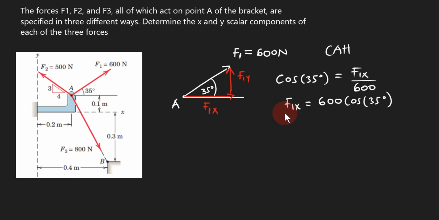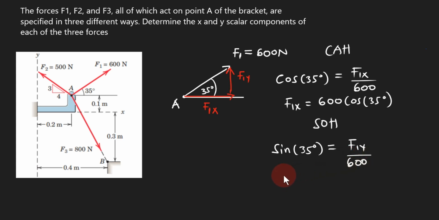Let's do the same for F1y. I'll take the sine of the angle. Sine goes with opposite over hypotenuse. So the sine of the 35 degrees angle should be equal to the opposite side, which is F1y, divided by the hypotenuse, which is 600 Newton.